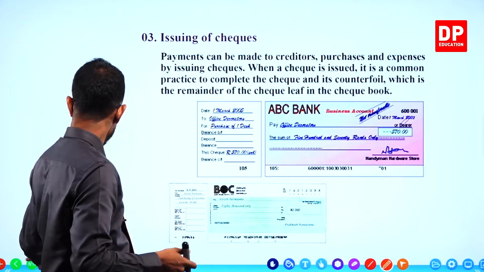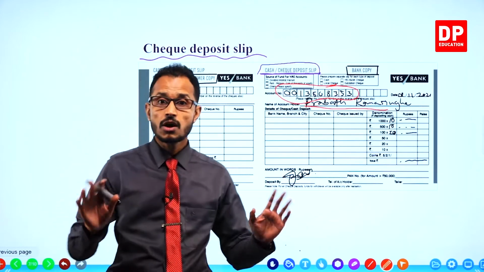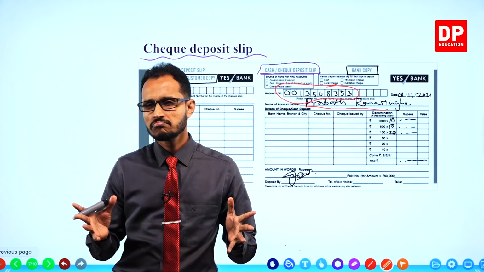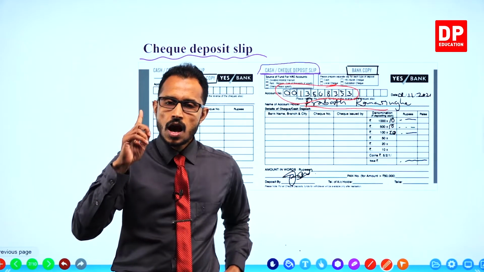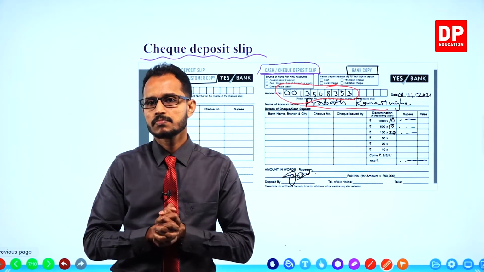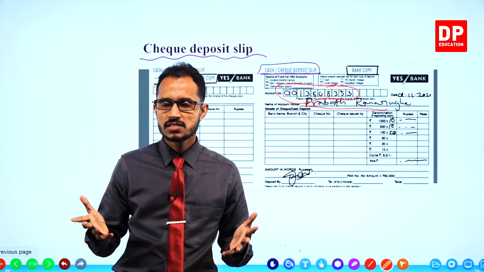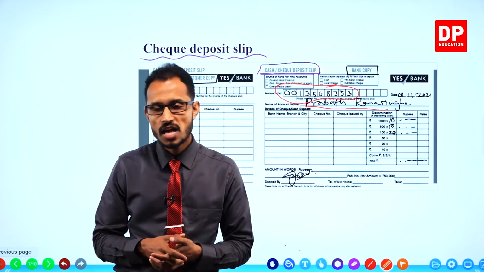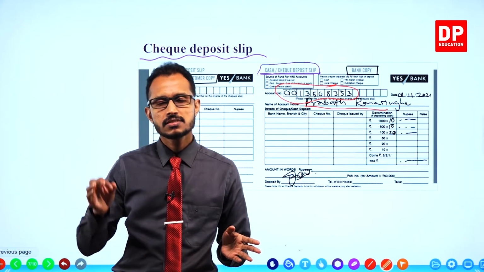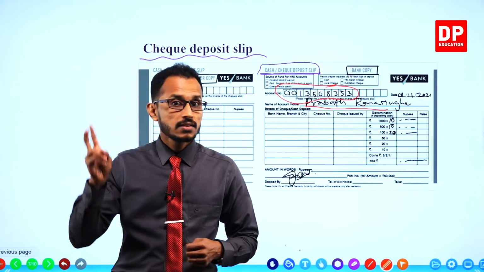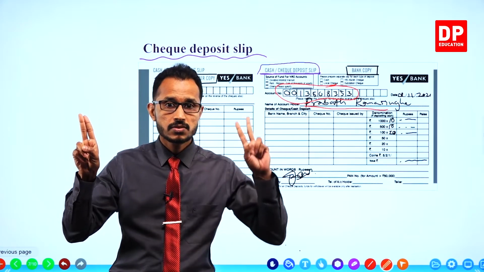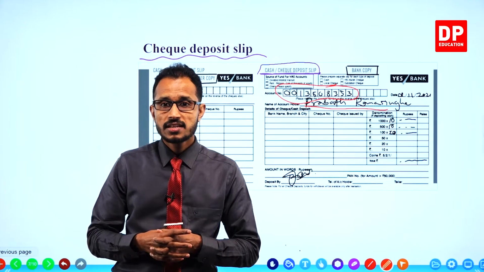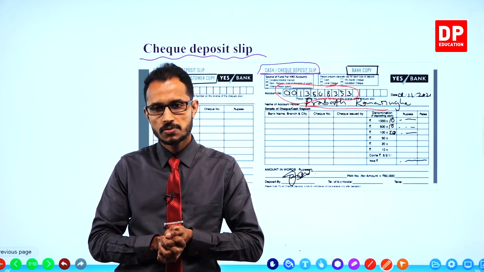So children, next day we are going to talk about issuing of checks. We have now discussed briefly how check deposits happen, in which instances, in what situations, and how cash deposits happen, in which instances, in which situations, plus the double entries which should be recorded in cash deposits and check deposits.